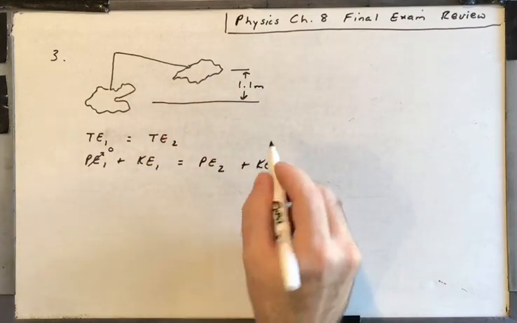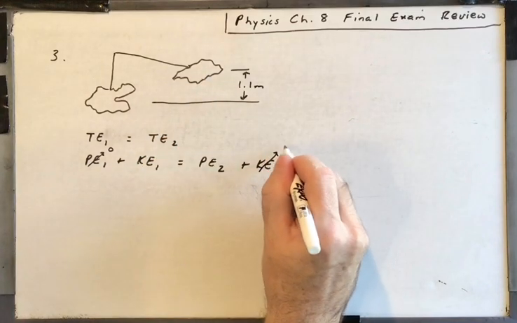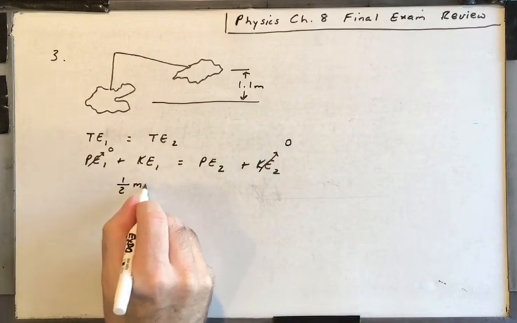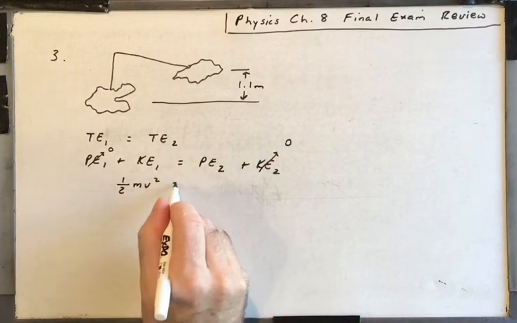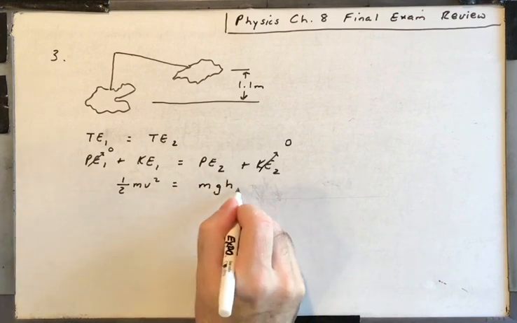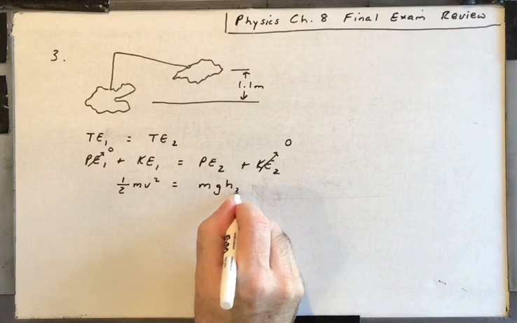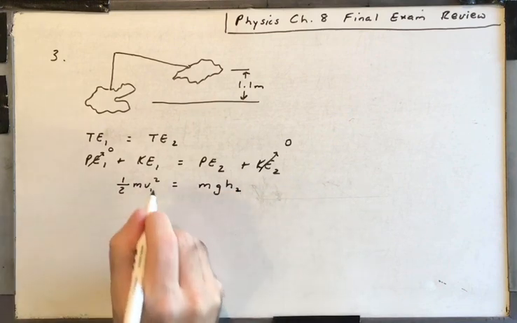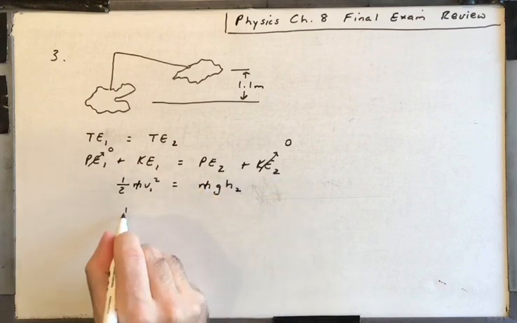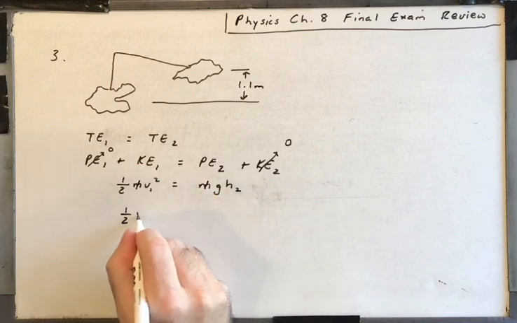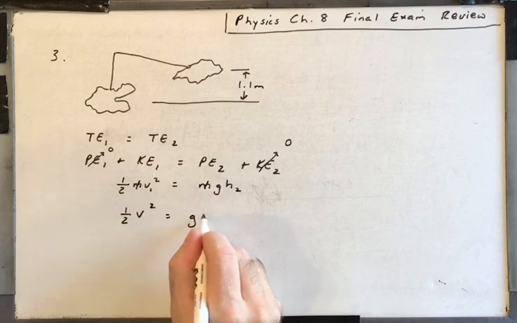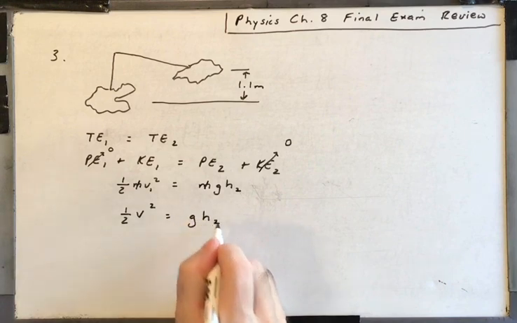It's momentarily still, so that is 0. So I'd have 1/2 mv squared is equal to mgh, and that's going to be velocity 1. The masses cancel. So I have 1/2 v squared is equal to gravity times the second height.